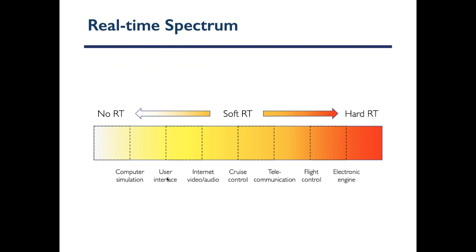Nothing really bad happens. So here in the middle, I have cruise control, for instance, is a soft real-time deadline, a real-time system. You want to be responsive, you want to have a deadline, but even if you don't hit your deadline, nothing really bad happens. You start missing some value, and then at the end of this spectrum, you have something like electronic engines and flight control.